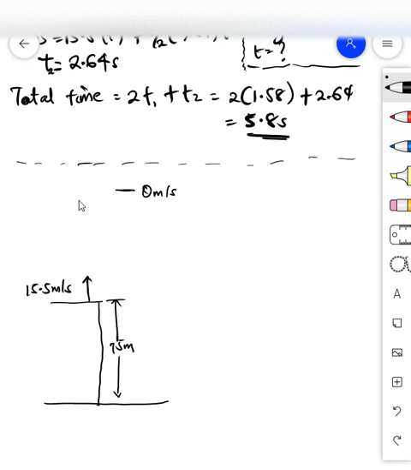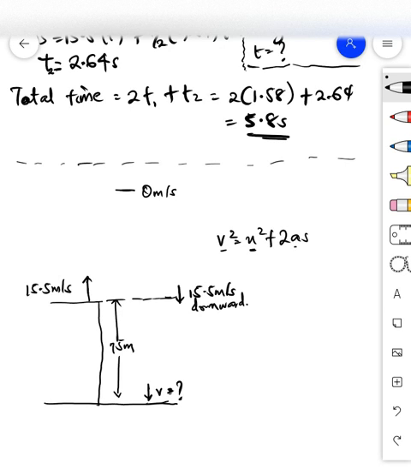Now for the second part of the question, it says, what's the speed just before hitting the bottom? That's the ground here. So we're looking for the speed here, v. We know that the speed at this point, when it's coming back down from where it was thrown, will also be 15.5 meters per second downward. So we need to find the velocity just before hitting the ground, and we can use this formula: v squared equals u squared plus 2as.